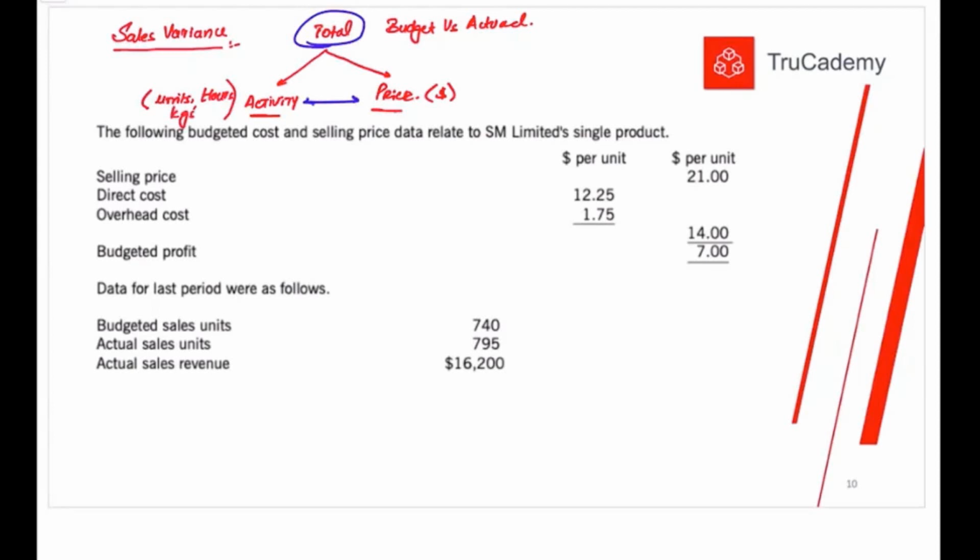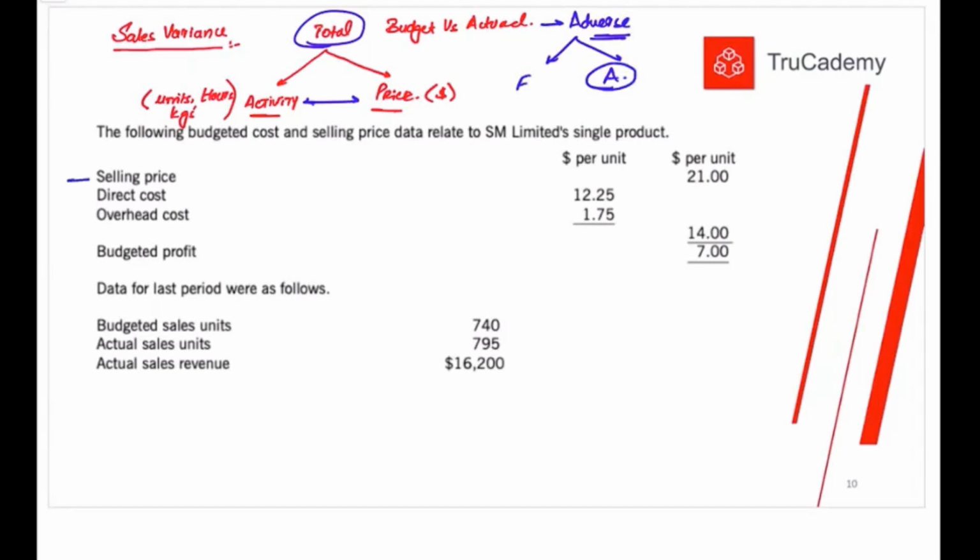You can better understand that if total variance is, for example, adverse, it's possible that in activity we are having favorable, but in price we are having adverse. So if we are getting an adverse variance, this is solely because of the price variance and so on.